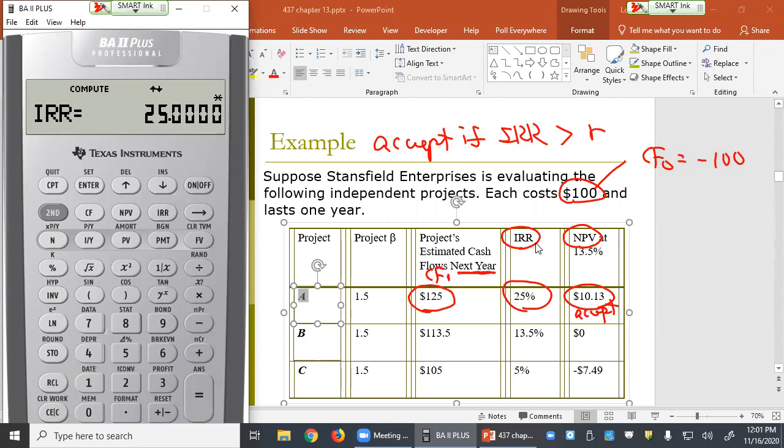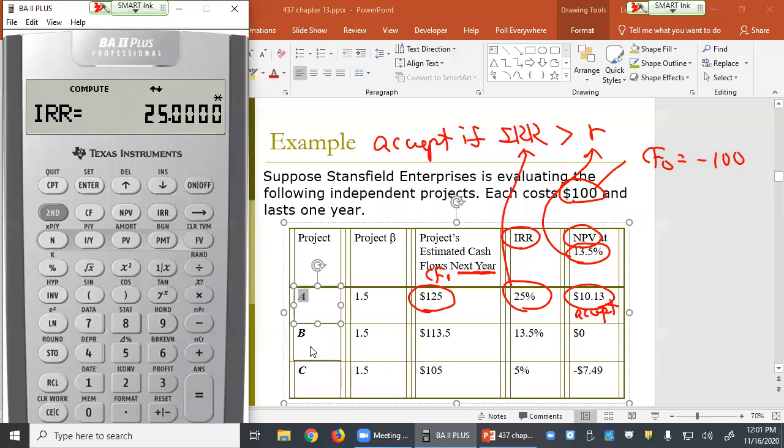Our required return is 13.5%, while IRR is 25%. IRR is in fact higher than the required rate of return of 13.5%, so the IRR rule still tells us to accept project A.